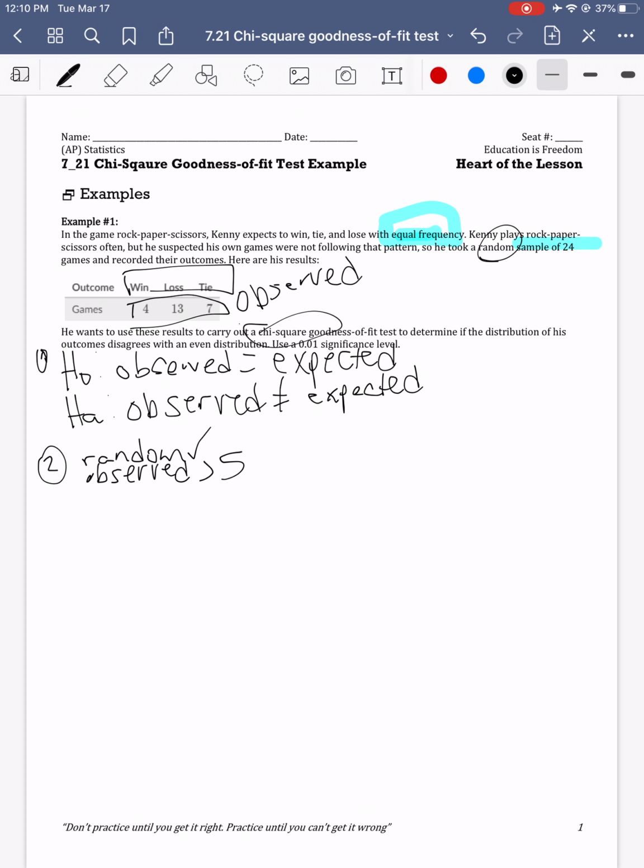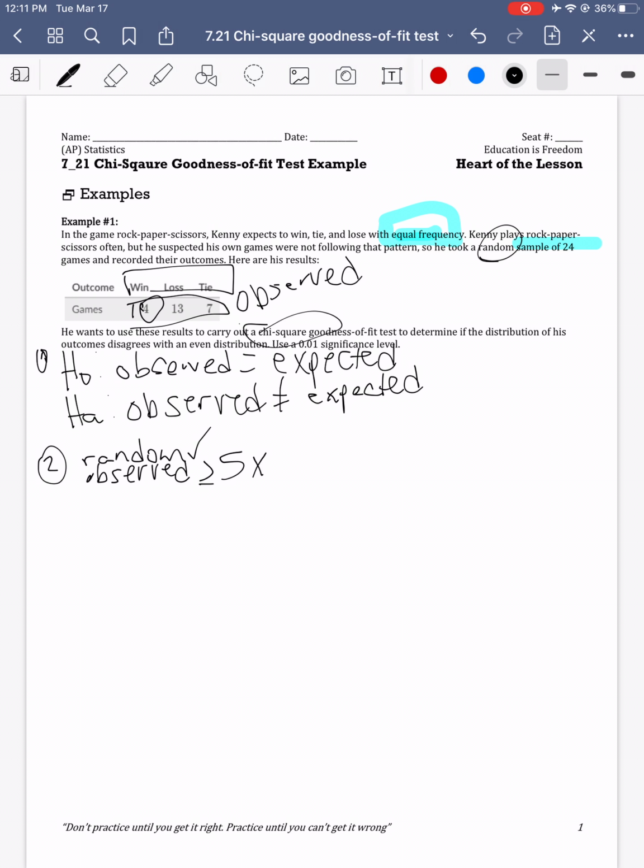Because technically the wins is not greater than 5, we don't meet this criteria. At this point, I would actually stop the test and not even continue, because my observed values all have to be greater than 5, and the observed value for the win is not greater than or equal to 5, so I actually can't do this test. I'm still going to perform this just so that we can see how the test would be conducted, but if this were an FRQ, I would actually stop right here because my conditions have not been met.